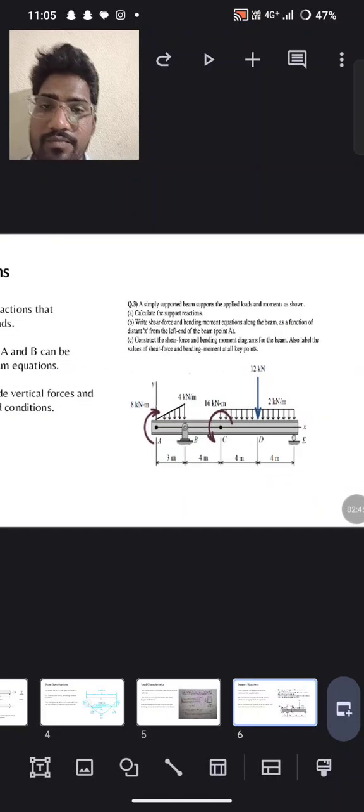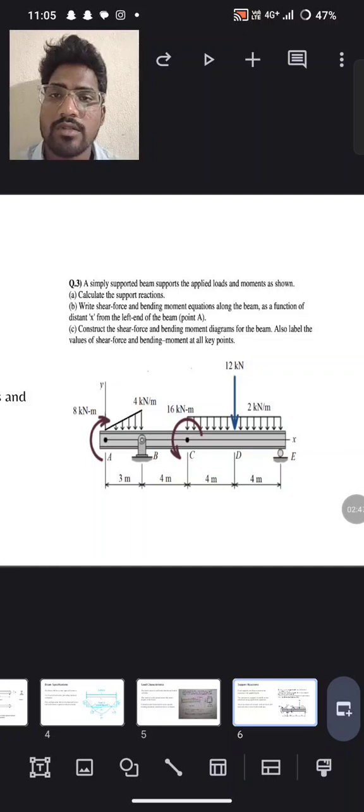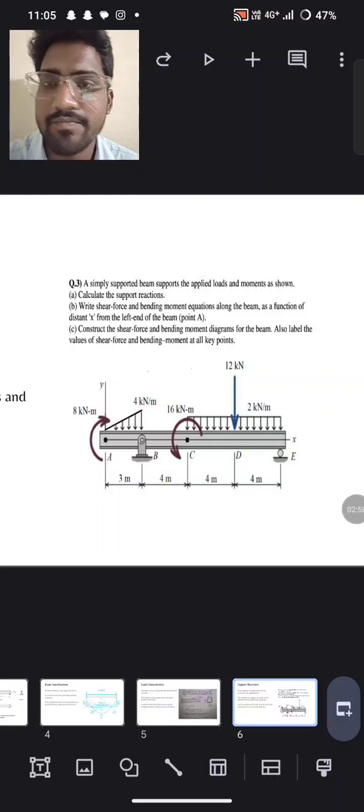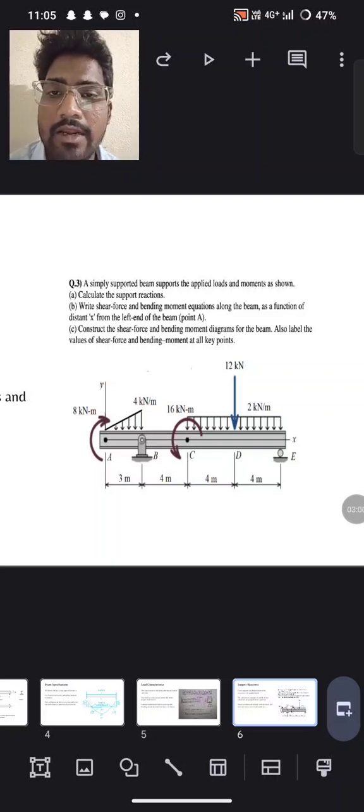Question. For a simply supported beam, the applied load and moment are as shown. A: Calculate the support reactions.